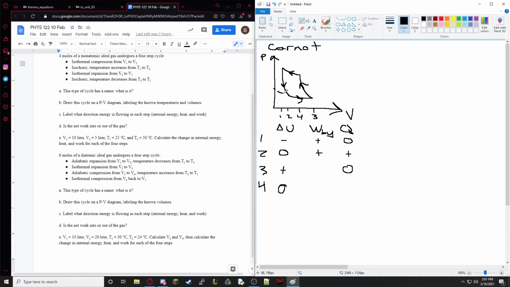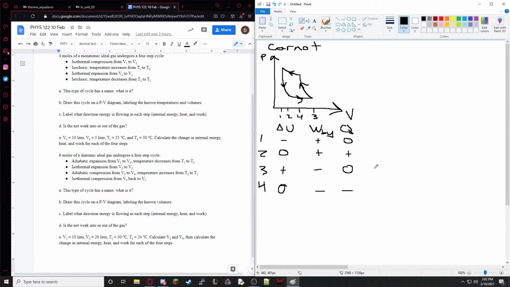We're going from one isotherm down here to a higher isotherm up here. And that means the work done by the system has to be negative. And in step 4, our work done by the gas and our heat flow both have to be negative because volume is decreasing. Yep, volume's decreasing.